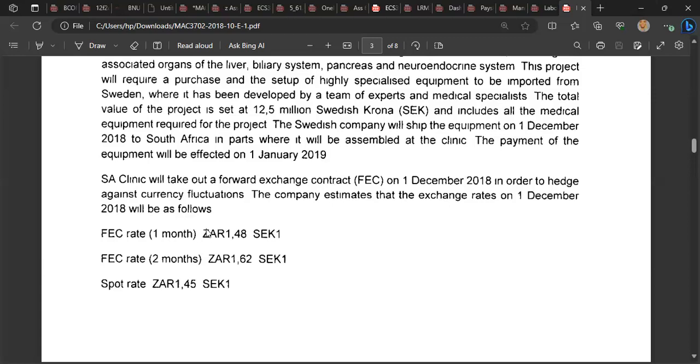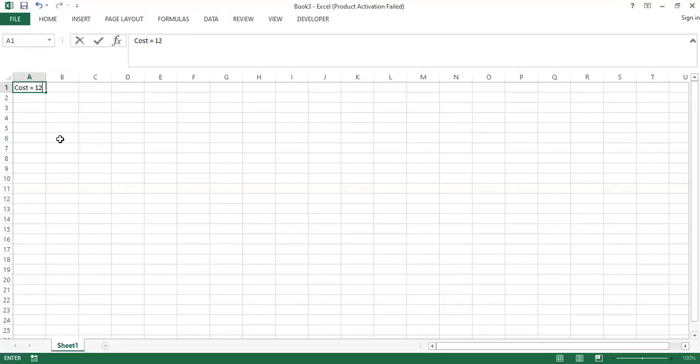So that's what we are going to do. Because now we need to pay 1.48, we are raising money according to how much we need to pay. So 1.48 times 12.5 is going to give us the amount that we need to raise. So let's just put that up there. The cost is 12.5, so we are going to raise those 3 zeros there, right?